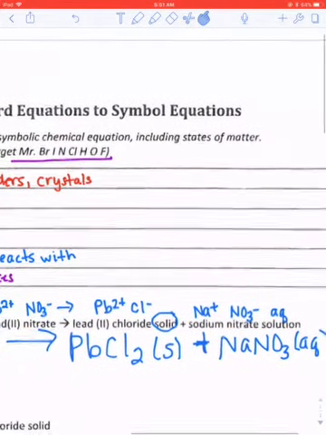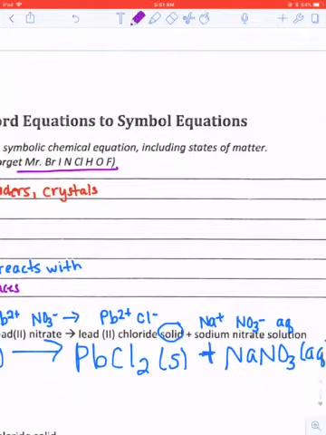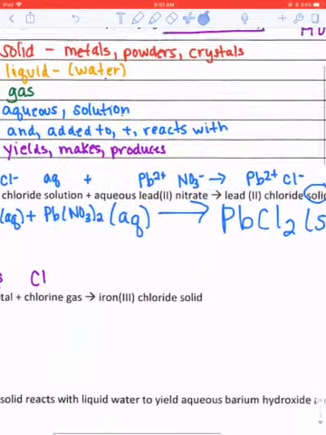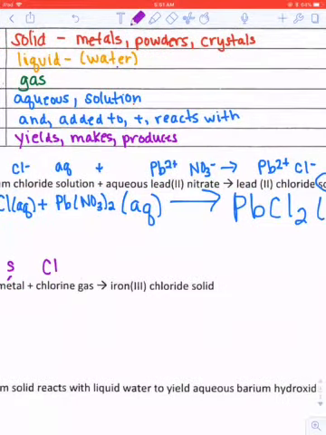You can call him whatever you like. HOFBrINCl. Those are the elements that always come in pairs. So that means Cl2 makes iron 3, so that's Fe3 plus, chloride solid.